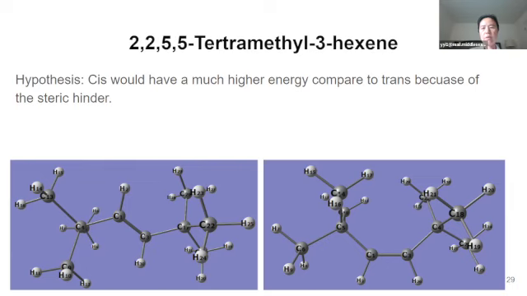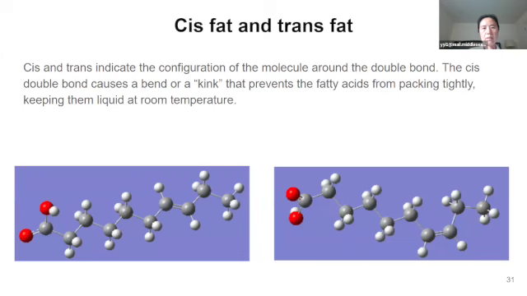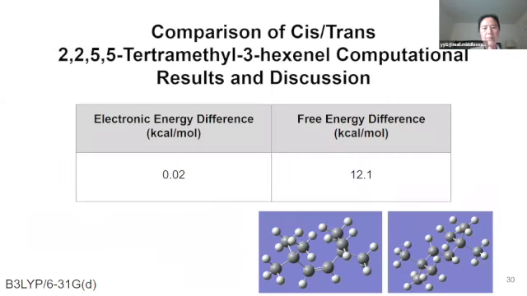For the cis, the groups are adjacent, very crowded, and have a stronger repulsion to each other. If we look at the result of the calculation, it does support my hypothesis, which means the cis has a much higher energy compared to trans in such a situation.